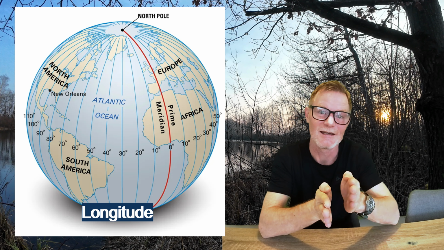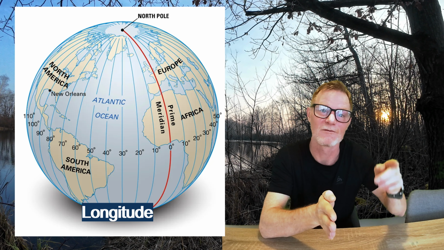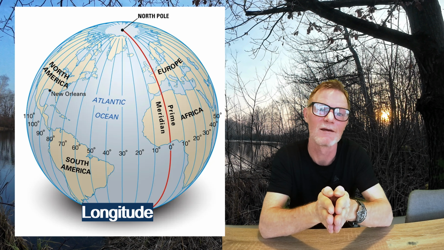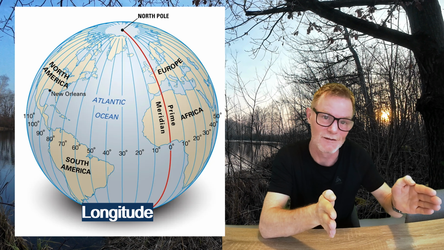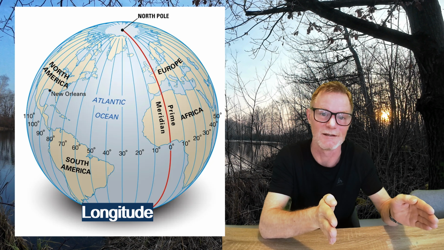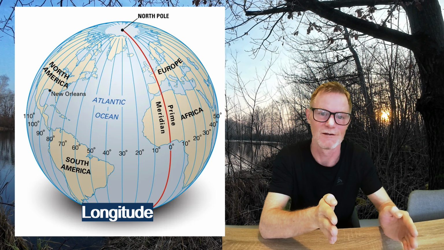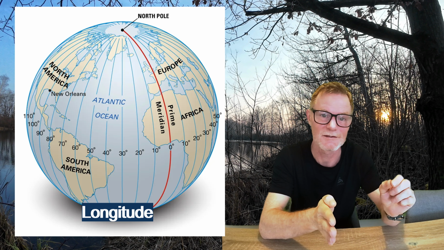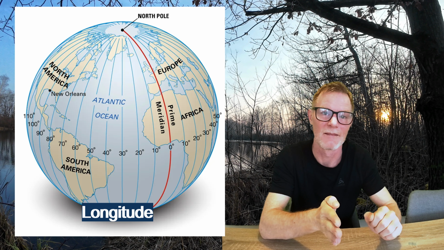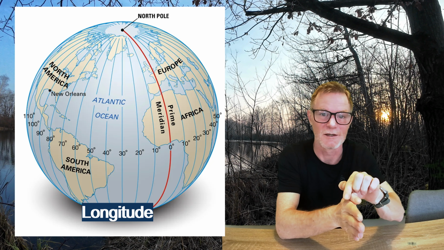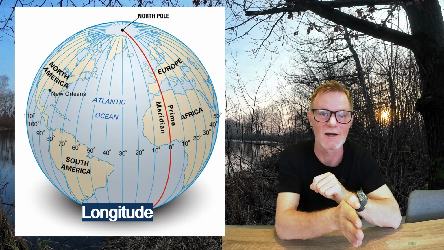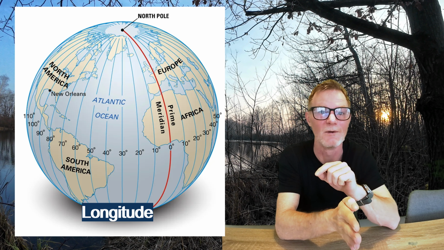The ones to the east of Greenwich Mean Time, the lines going vertical from the North Pole to the South Pole, are called easterlies. If we're 20 degrees east of Greenwich Mean Time, we'd have E20. In the same fashion, if we go to the west, our 20 now becomes a westerly and it's W20.